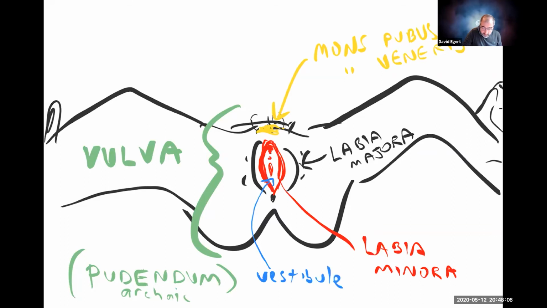That's this area in here. Where the labia minora meet at the top, at the anterior portion, that is going to be the prepuce of the clitoris.